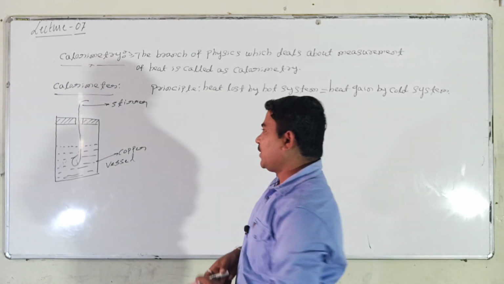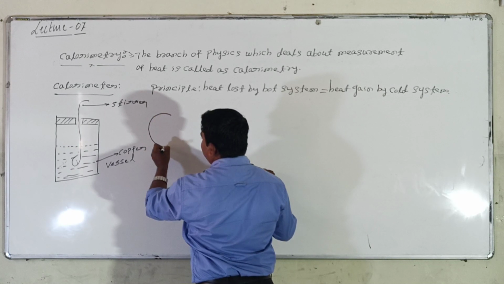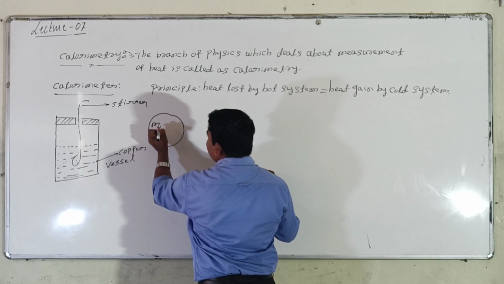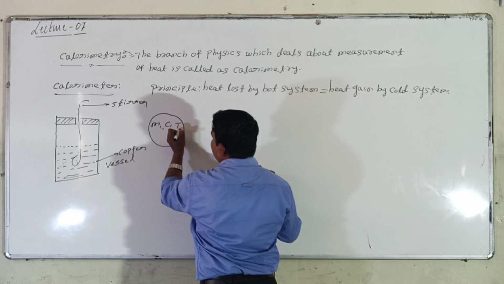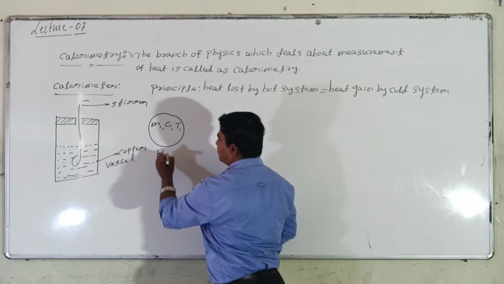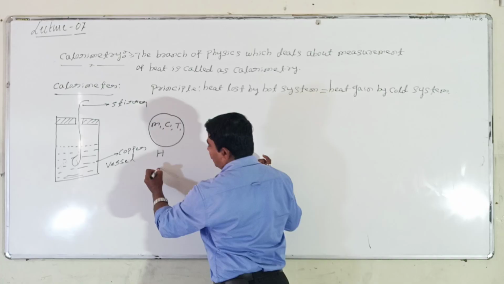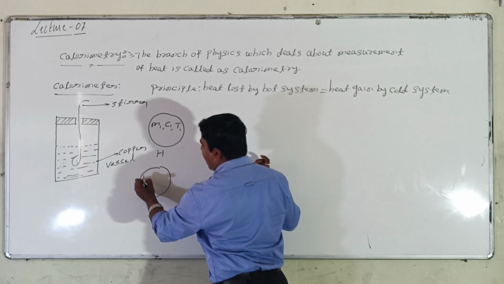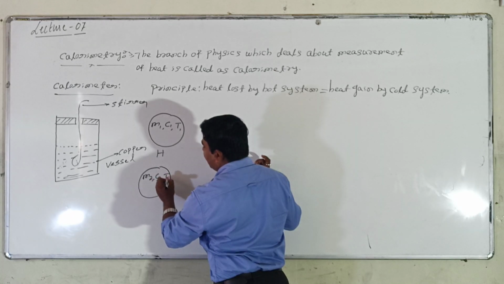I will take two systems. Let us consider the hot system. This system has mass m1, specific heat capacity C1 and temperature T1. Now the cold system has mass m2, specific heat capacity C2 and temperature T2.